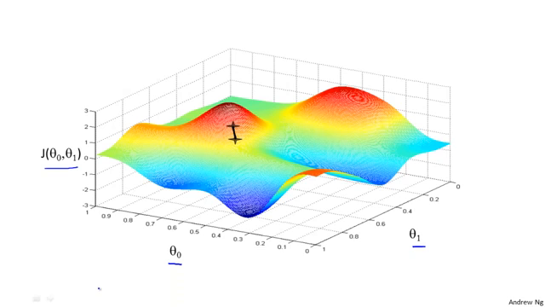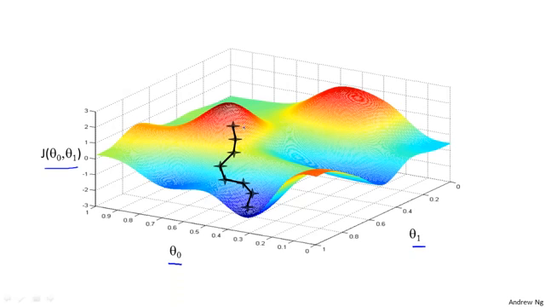And now you're at this new point on your hill. You're going to again look all around and ask, what direction should I step in order to take a little baby step downhill? And you take another step in that direction. And then you keep going. From this new point, you look around, decide what direction will take you downhill most quickly, take another step, and so on, until you converge to this local minimum down here.